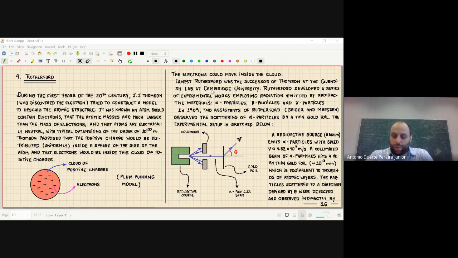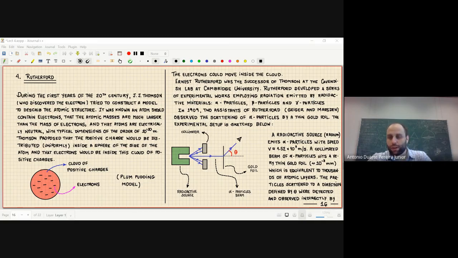Okay, so Thomson used to work at the Cavendish lab at Cambridge University, and his successor, Ernest Rutherford, started doing some experimental work where he was essentially throwing radiation.